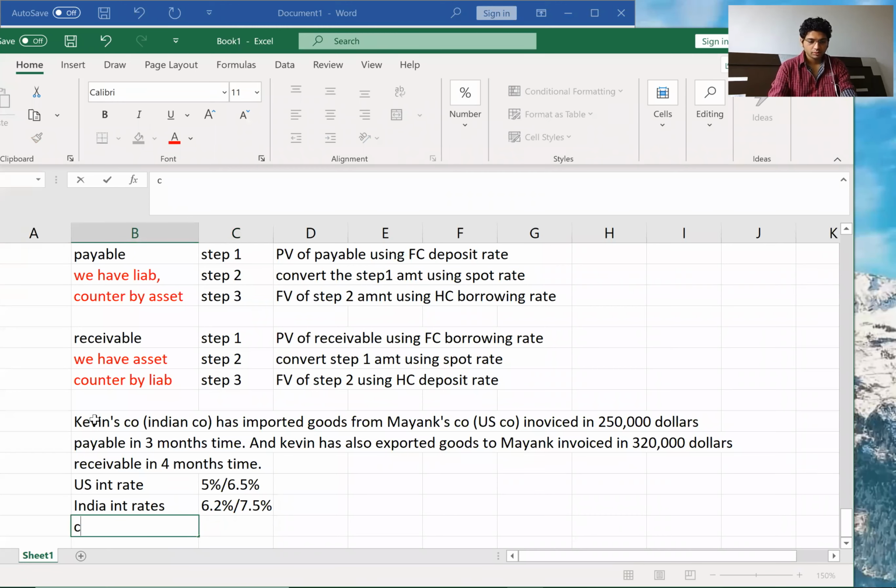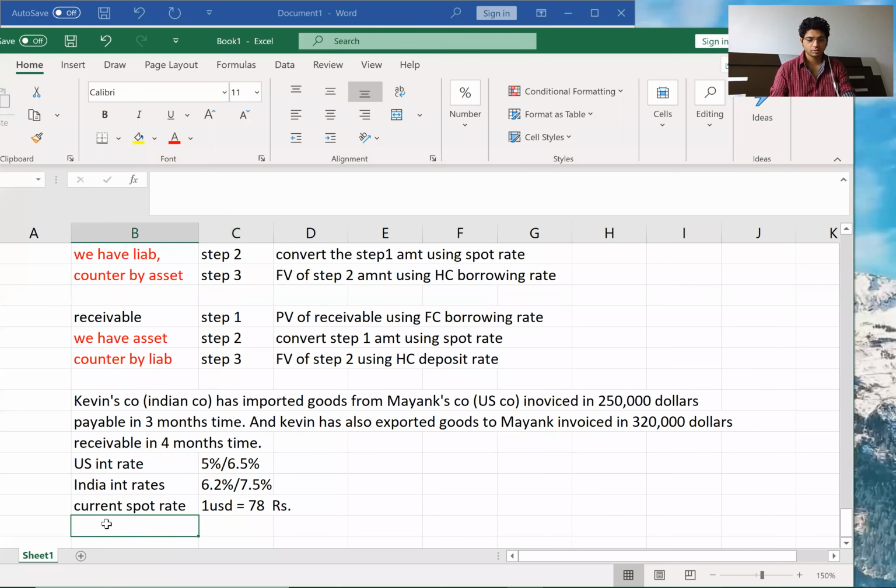The current spot rate is 1 USD equal to 78 rupees. Calculate the amount Kevin will show in his books for both the transactions.